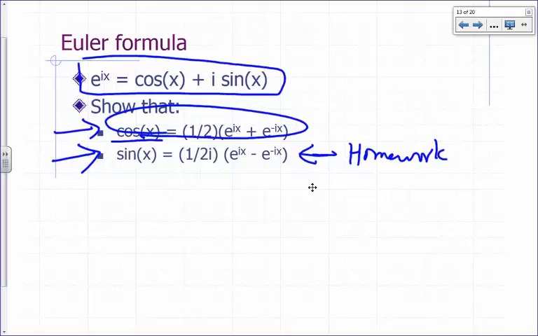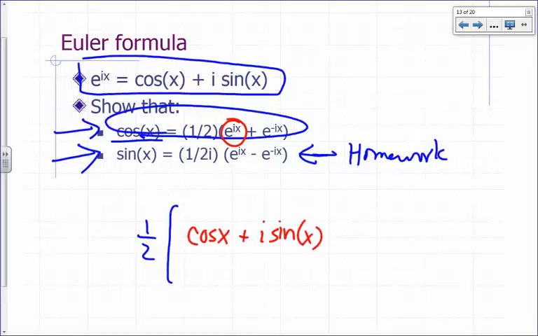Okay? So let's do cosine x: 1/2 of e to the ix plus e to the negative ix. How can I show that? Well, let's see. 1/2, what is e to the ix? By definition, that is cosine x plus i sine x, right?